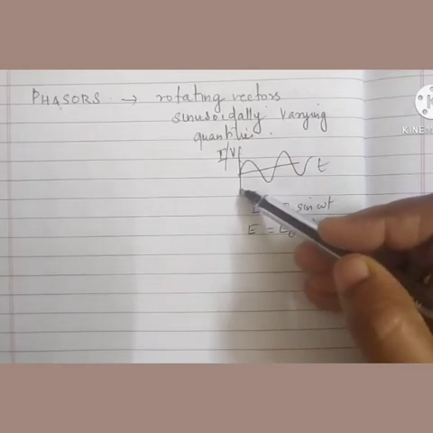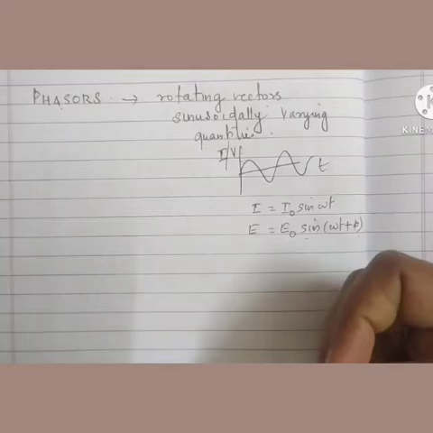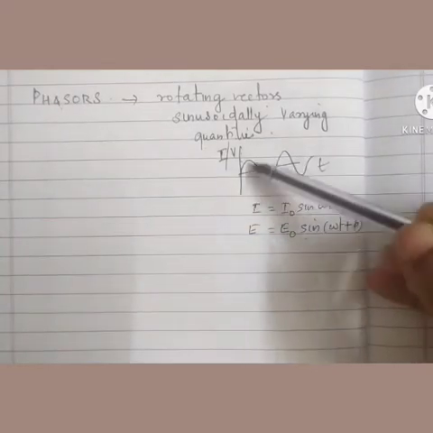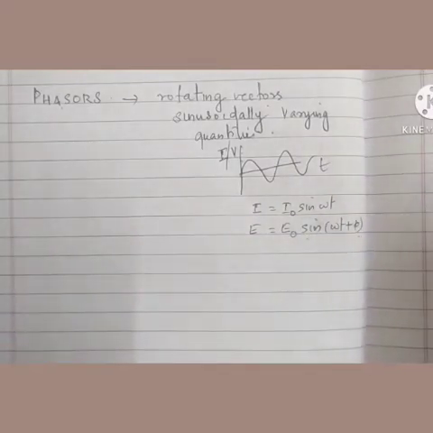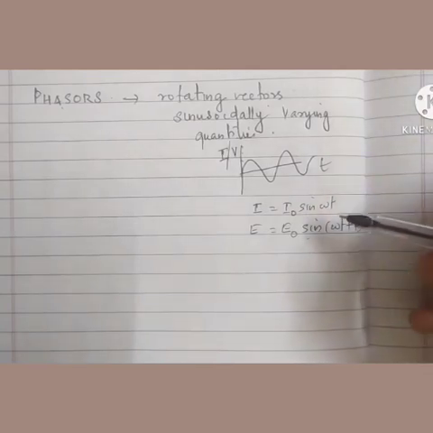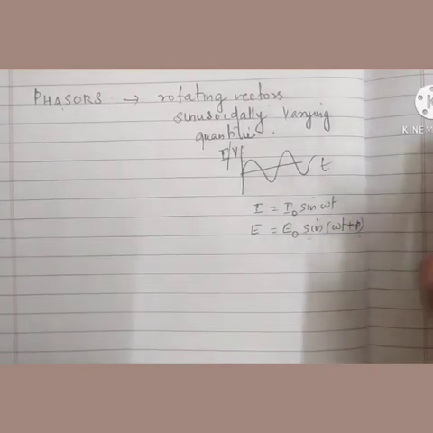Sometimes it will be lagging with an angle of 90 degree. Depending on that, there will be phase difference. Okay, if the phase difference is 0, it means that both are in the same phase. So these things, that is the phase difference, can be represented as the angle between the phasors.